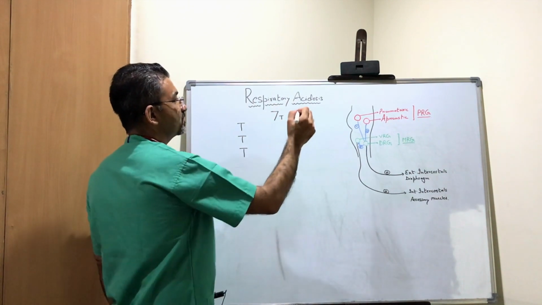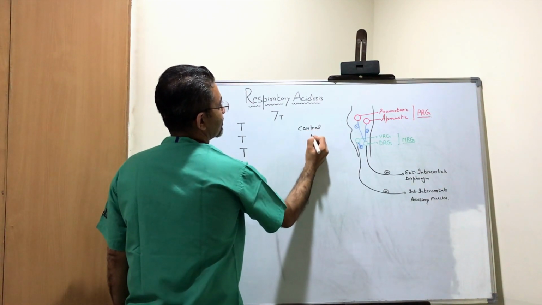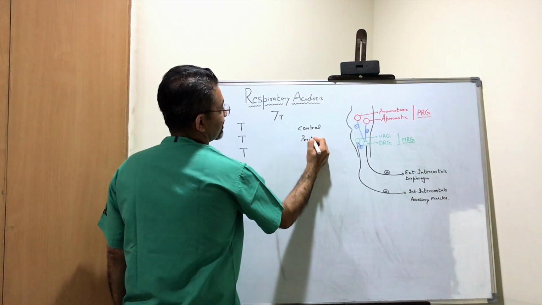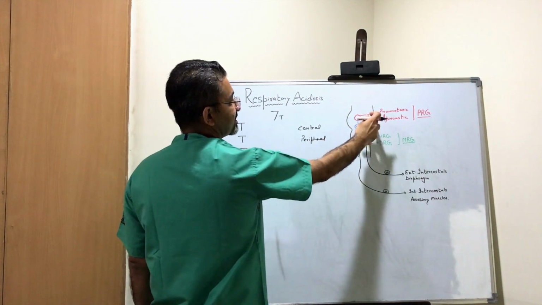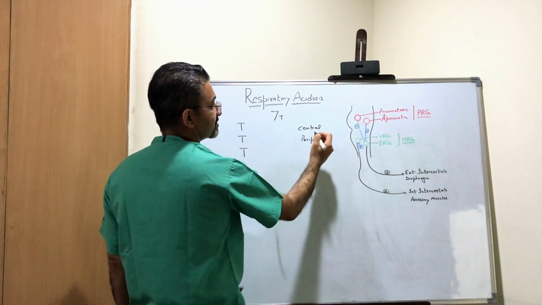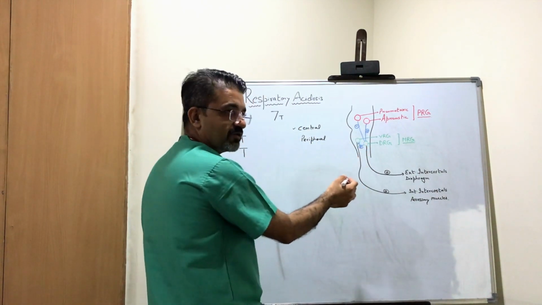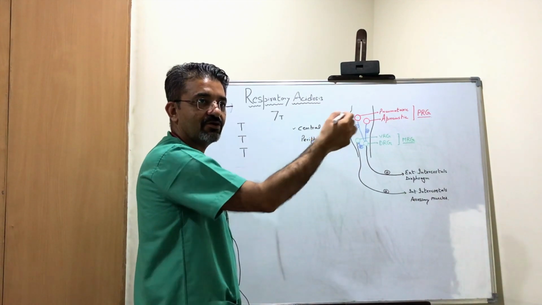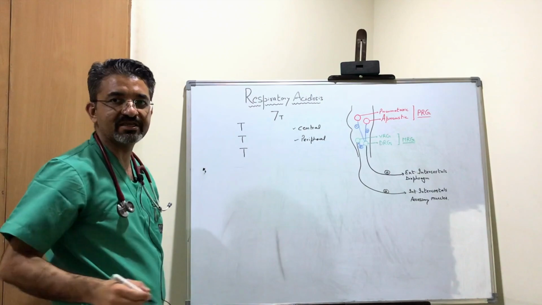So we divide the causes into central cause and peripheral cause. Whenever there is involvement of either the pontine centers or the medullary centers, the cause will be central, and whenever the cause is in the spinal cord, in the neuromuscular junction or in the muscles, it will be peripheral cause. So in central cause we have 3T.